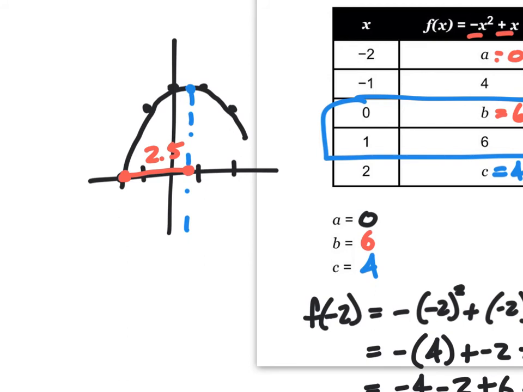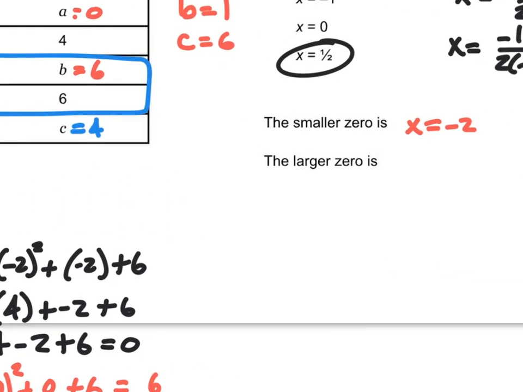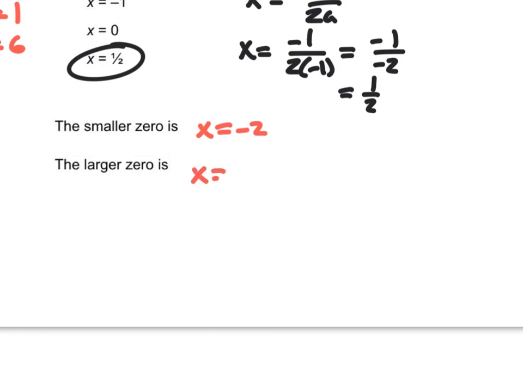So if we go 2.5 to the right, that's going to give us a value of 3. So this is -2, this is 1/2, and these values are equidistant to the axis of symmetry. That's one of the properties of parabolas that's unique. I know it's a little tricky, and I'm doing some of this in my head, but the larger 0 is x equals 3.